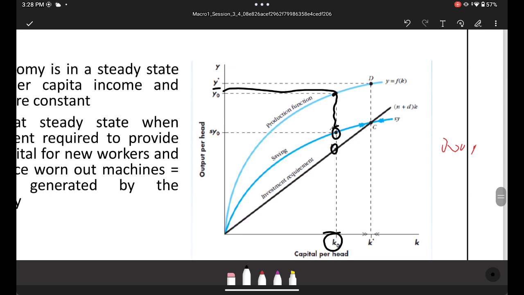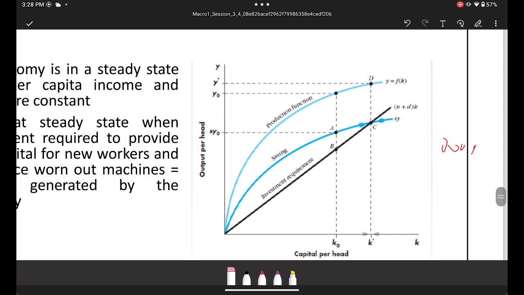Now, why do you need these equations? If you understand maths, you can easily understand these equations. For example, if n plus d times k, if any one of those increases, the number of this whole thing increases, so your graph gradient will increase.